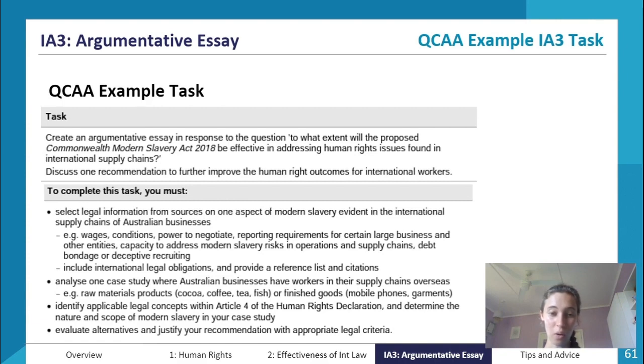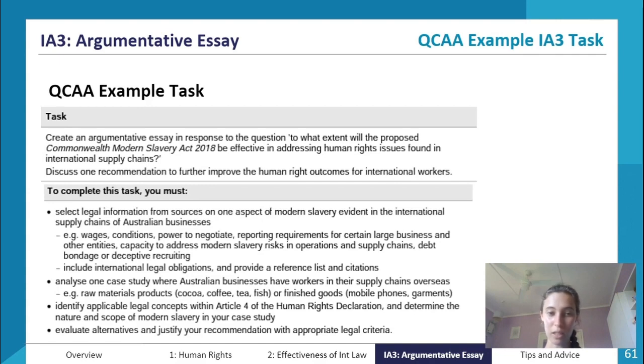So again, all of these sorts of terms with nature and scope, you can find them in the glossary at the end of the syllabus document. So if you haven't already visited the syllabus, I definitely recommend that. And then, of course, evaluating alternatives and justifying your recommendation with legal criteria.